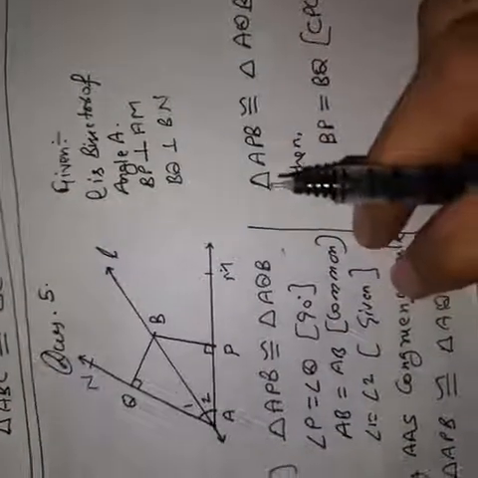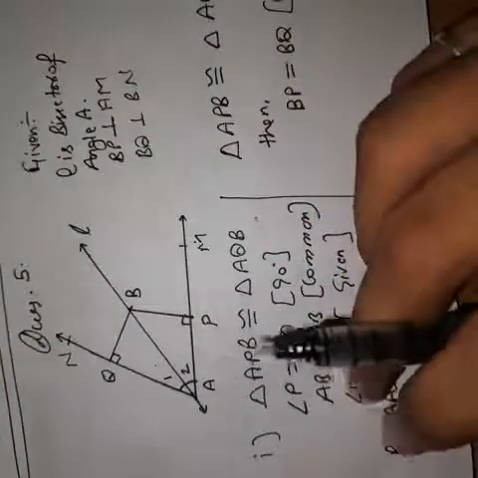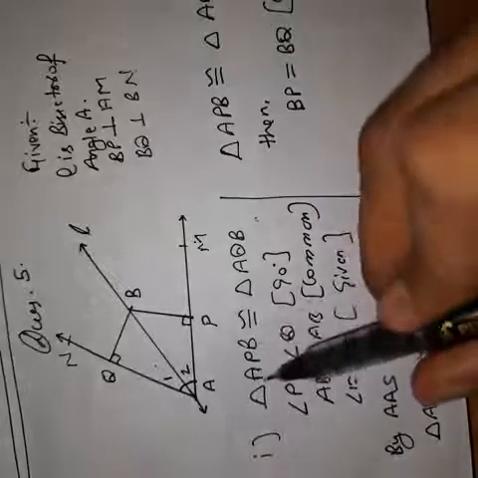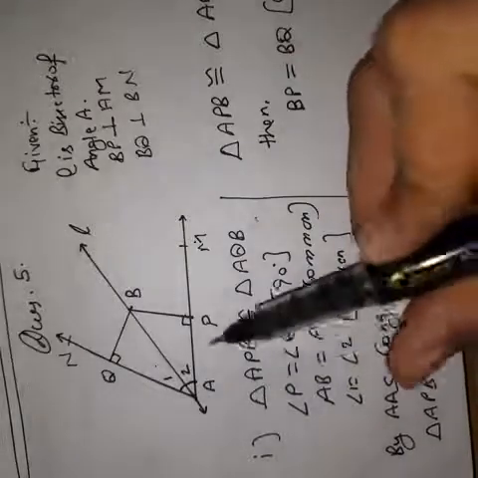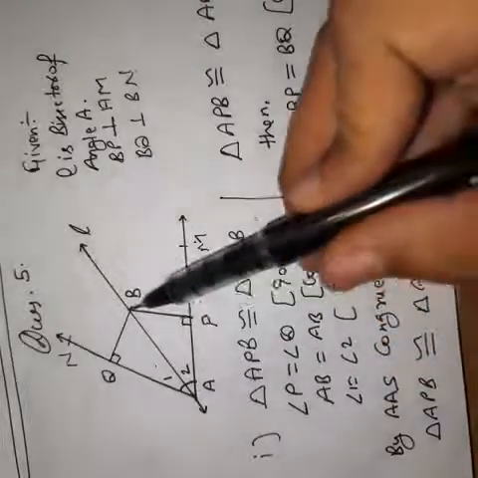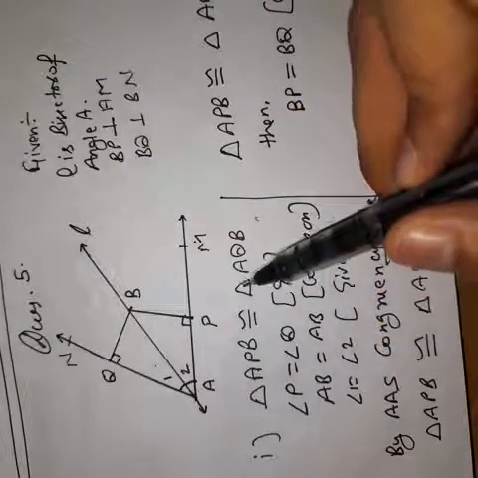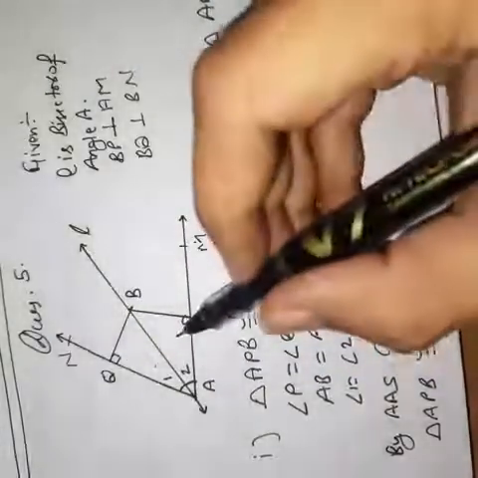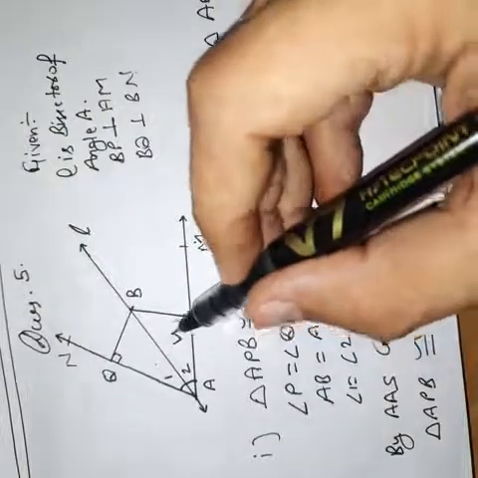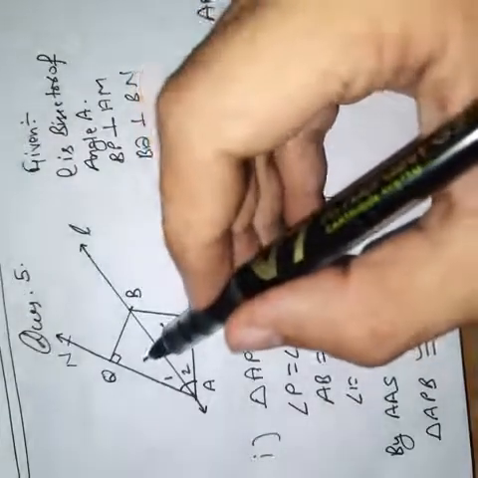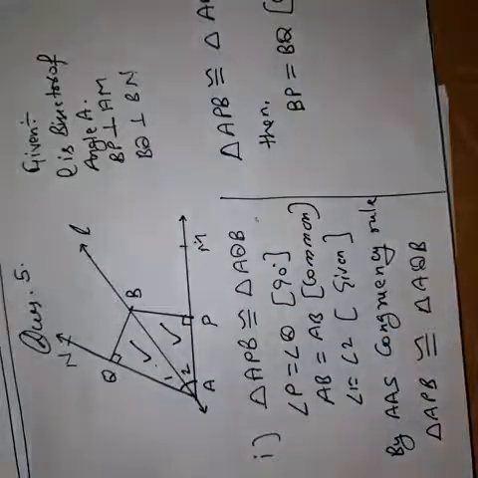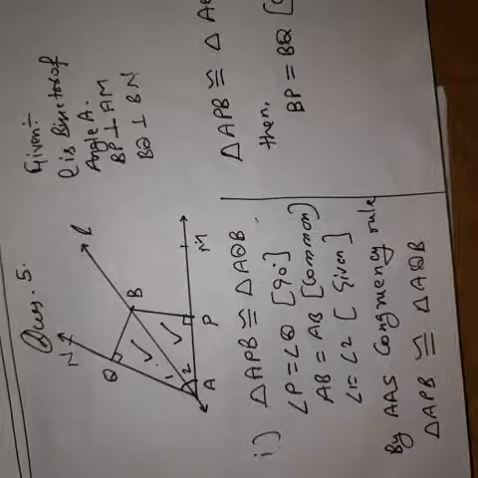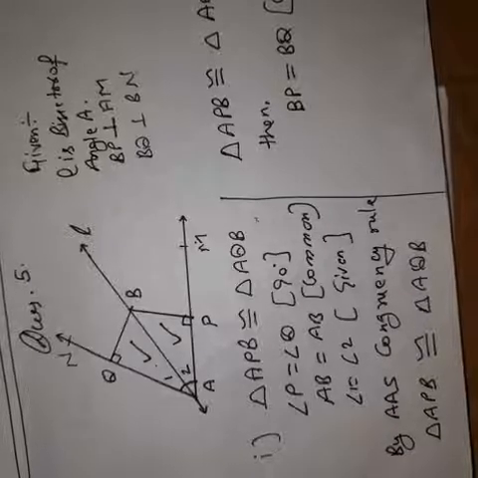So now we have to prove, there are two parts in this question, and in the first part we have to prove triangle APB is congruent to triangle AQB. We will see what rule will be applicable for proving congruency of both of these triangles.